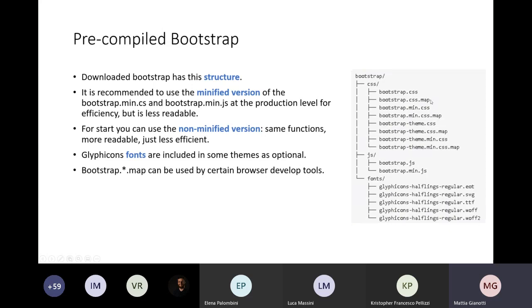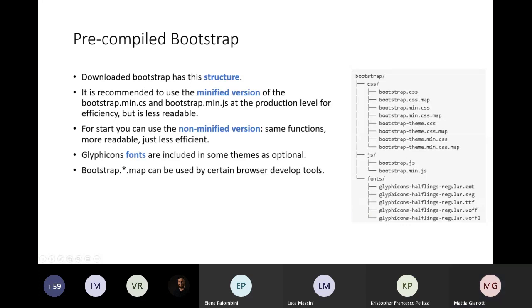The final type of file is this .map file, and you can just forget about it. It is just a file designed by Bootstrap to help the development tools inside certain browsers provide you with better support for Bootstrap. You do not need to import it. You do not need to have it or create it for any reason at all for your project.